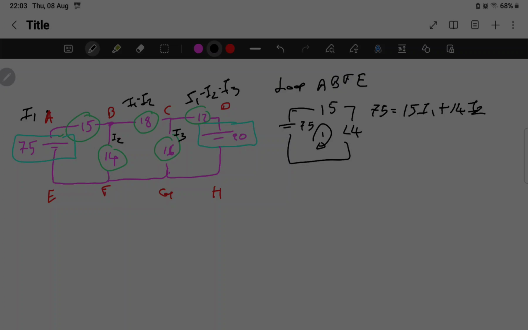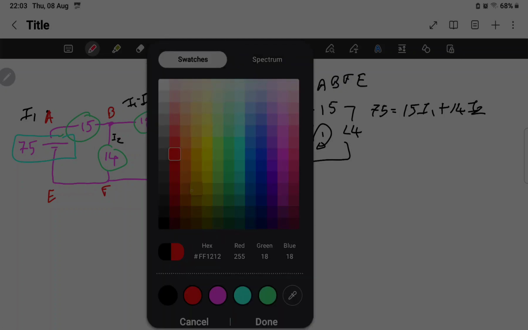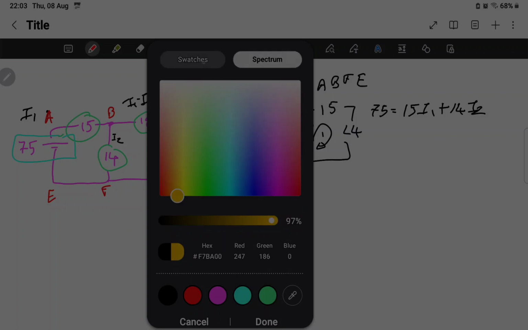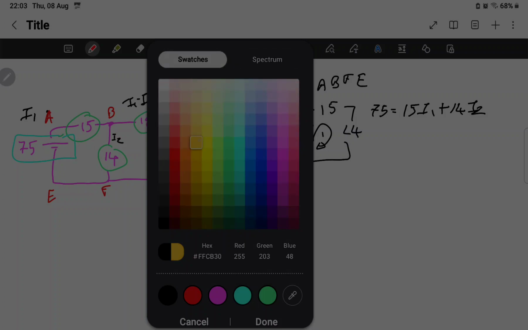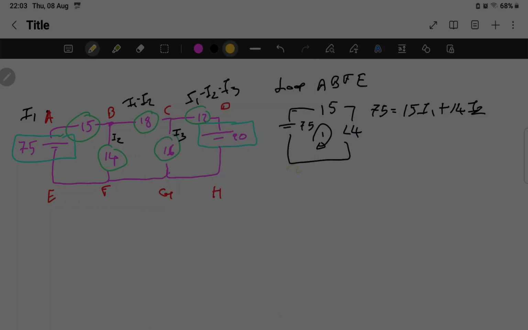Very simple. Now let's look at the next loop. Let's change this color to something you might see, orange. So the next loop would be, let's use A, C, G and E. So we have a bigger loop now.